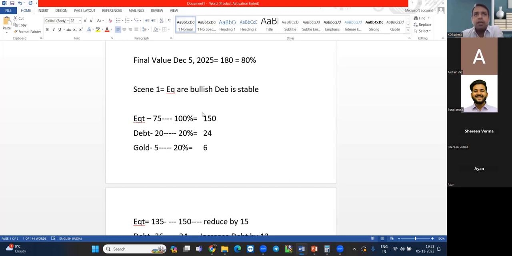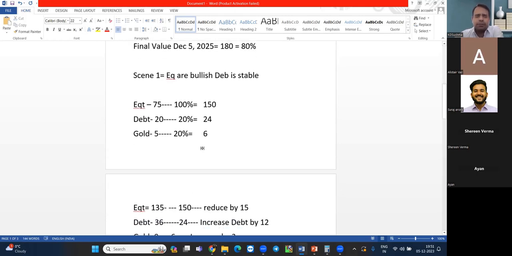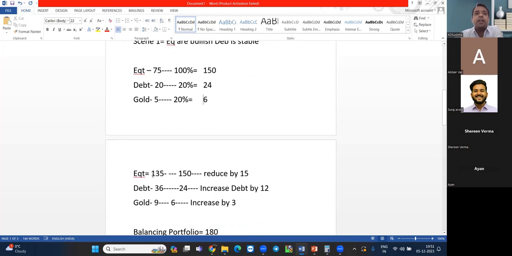Yes. Right? So now the new value of my portfolio is 180. So I would rebalance: 75% of 180 is 135, and 20% of 180 is 36, and 5% of 180 is 9.